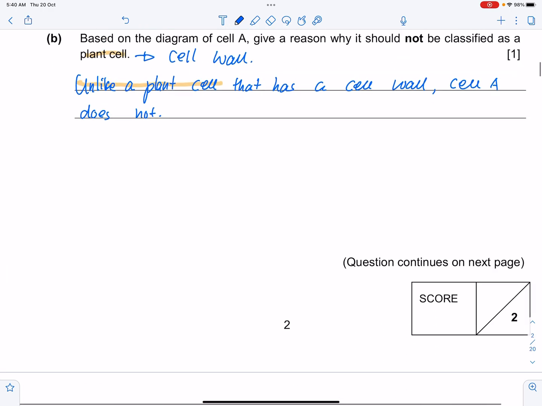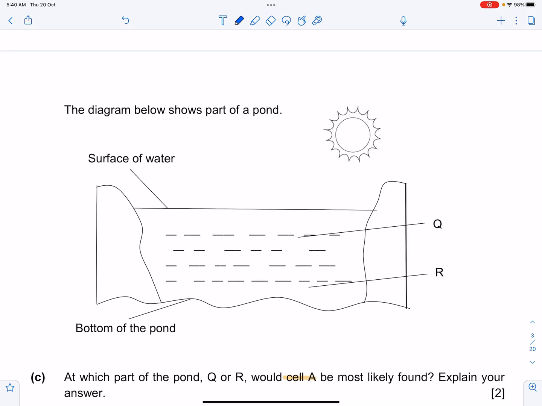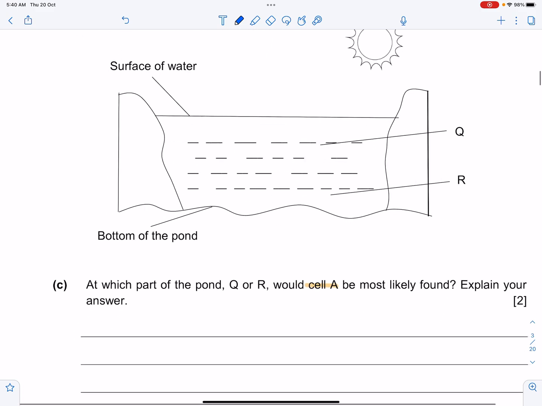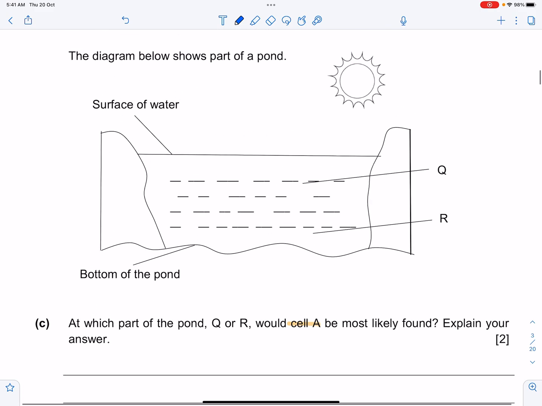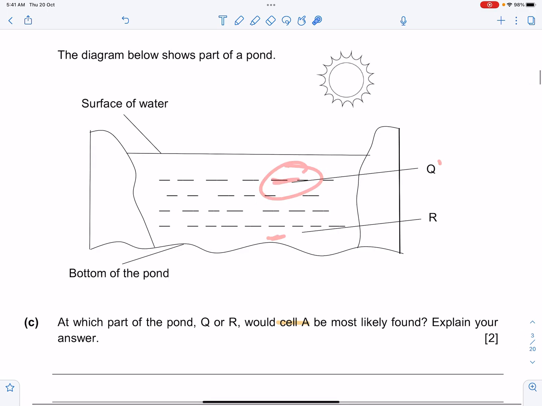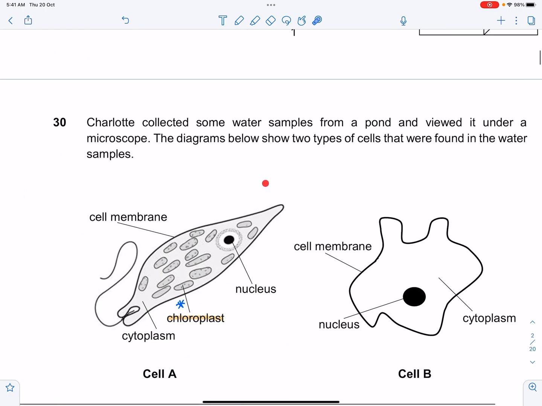Remember, I told you when you see the sun, it's either got to do with the water cycle or photosynthesis. In this case, we know that chloroplast has got to do with photosynthesis, and that can help lead us to the answer. So where would it most likely be found? I would say that it's most likely to be found at region Q, which is here rather than here. The reason is that the presence of chloroplast in cell A tells me that it needs to photosynthesize.